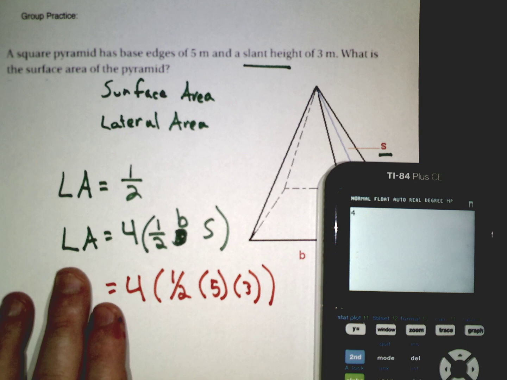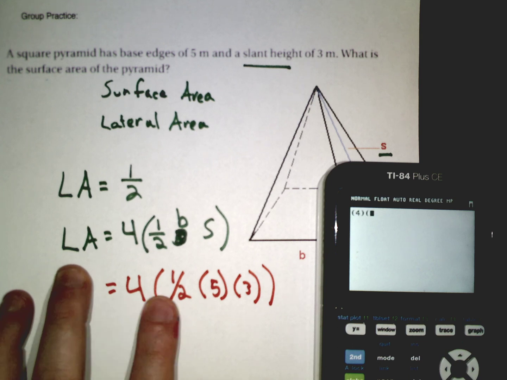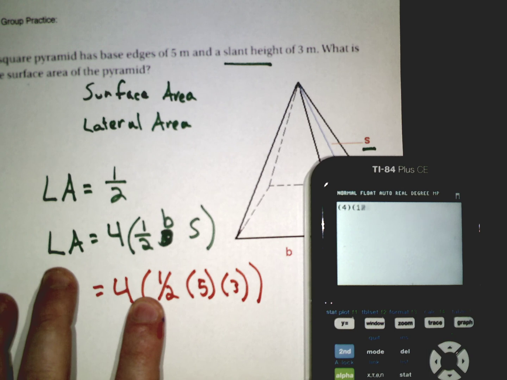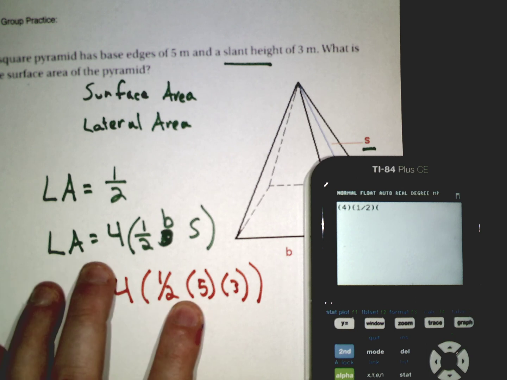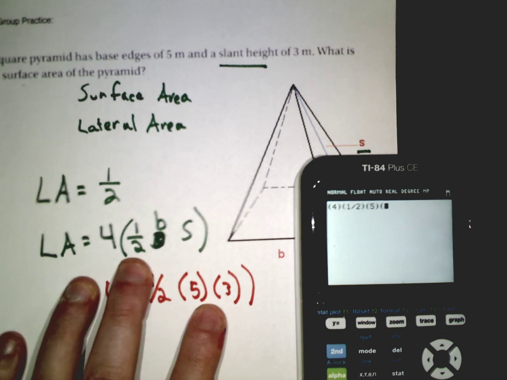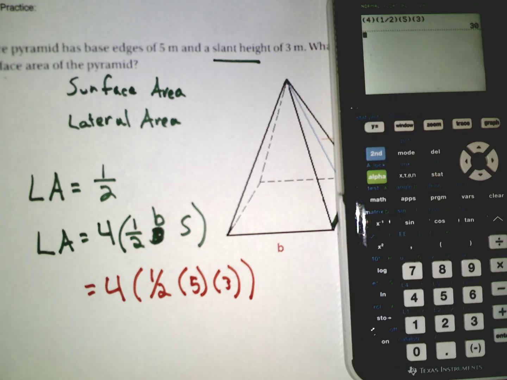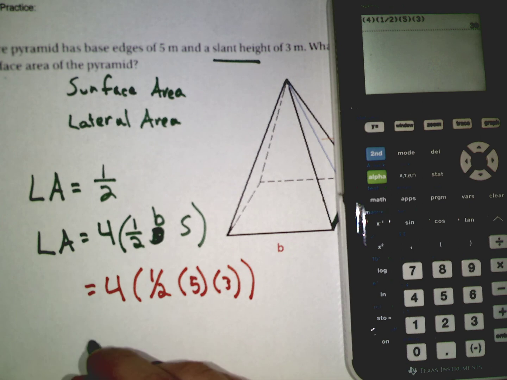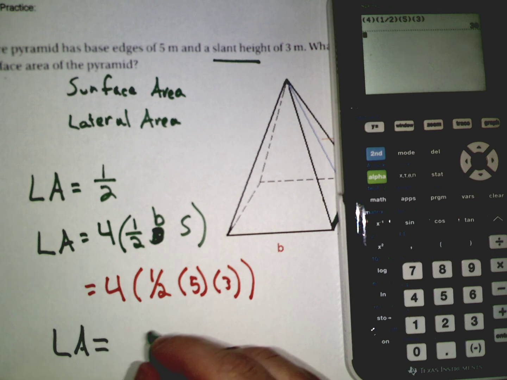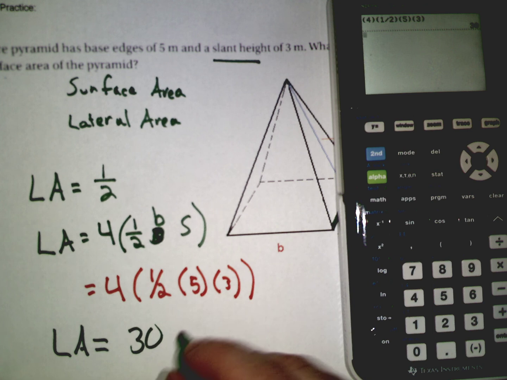So I'm going to do parentheses 4, parentheses 1/2, parentheses 5, and parentheses 3. Hit enter. 30. Great, I love it. Okay, so the lateral area is 30 meters squared.